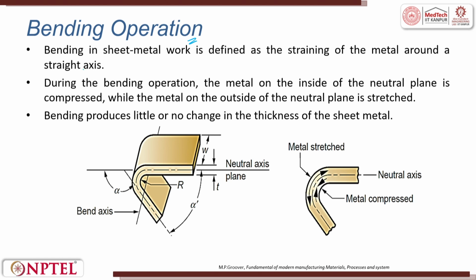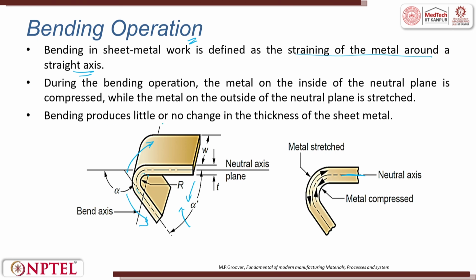We also call it bending of rods. Bending in sheet metal work is defined as the straining of the metal around a straight axis. This is the straight axis, the neutral axis. During the bending operation, the metal on the inside of the neutral plane is compressed, while the metal on the outside of the neutral plane is stretched, or tensile.